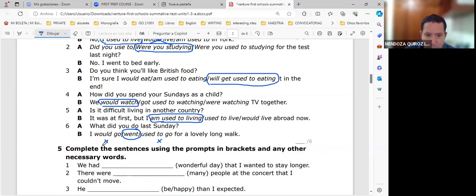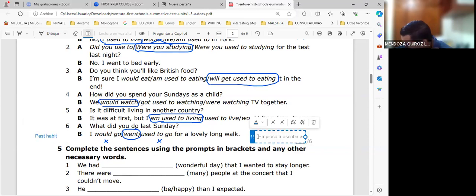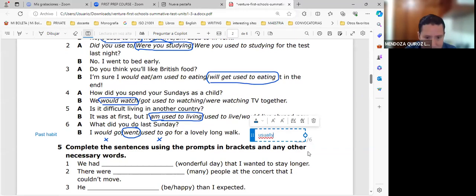This is for frequency or past habit, no? We are not talking about past habit, so we cannot use would or used to. Remember that used to is like the past of usually. You use usually for present habit, and you use used to for past habit. So usually at present, used to in the past.